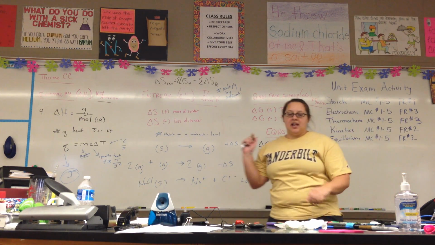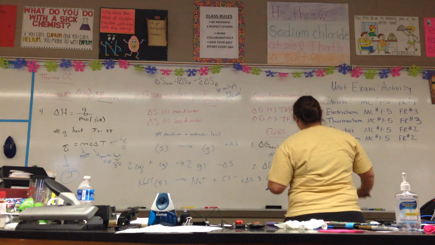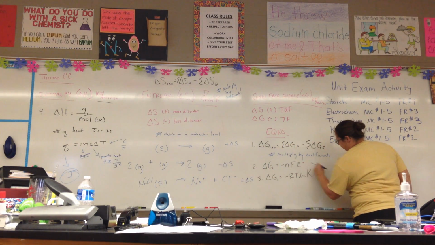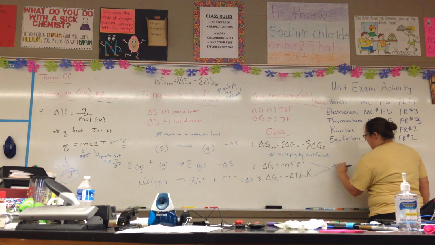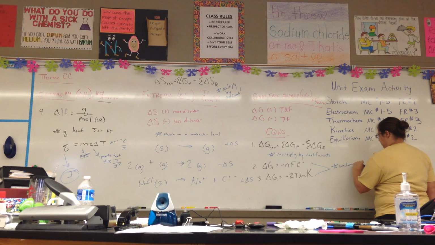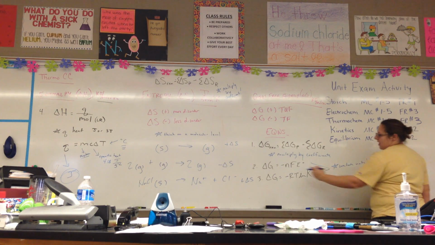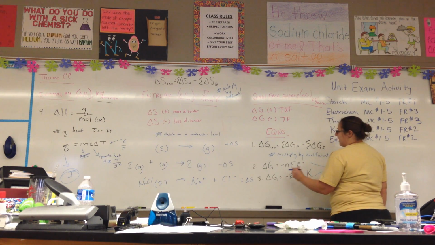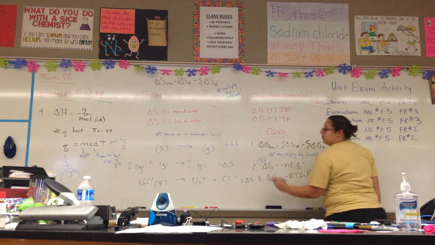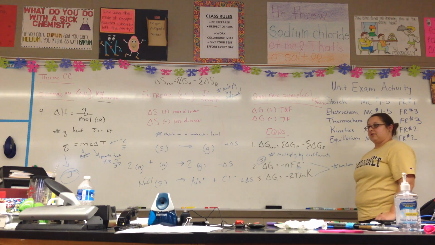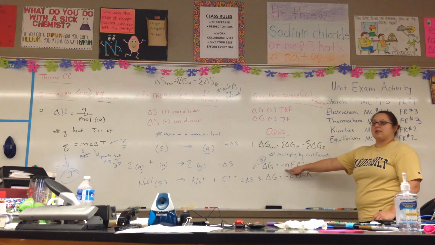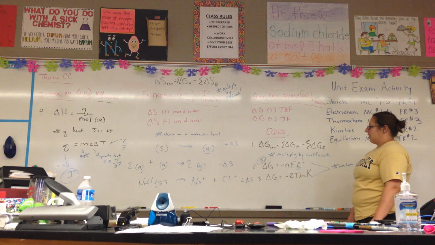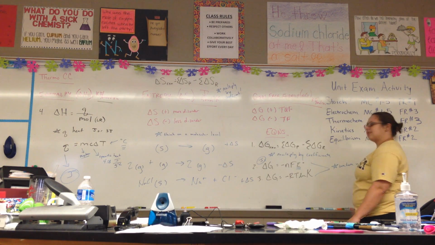Here's the biggest thing: for both of these, you have to watch your units, because the delta G that you calculate from this is going to be in joules, so you have to convert it to kilojoules. Watch units.